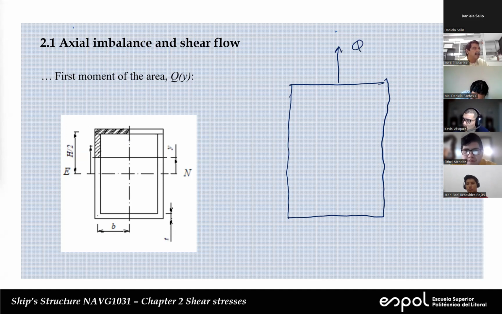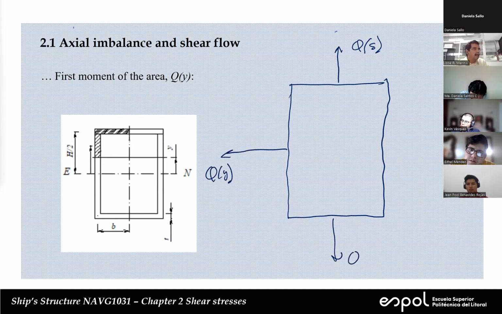So in this direction, in the vertical direction, I'm going to write Q. And in this direction, I'm going to write Q of Y. Similarly done here. Now, in the top, we set that the variation is going to be linear. So it starts here. What a line, man.